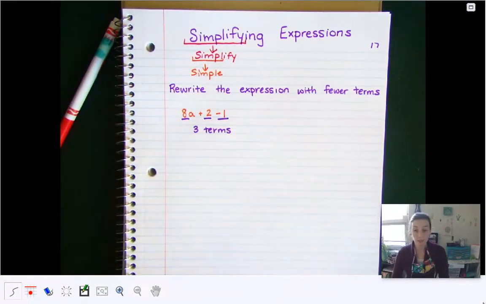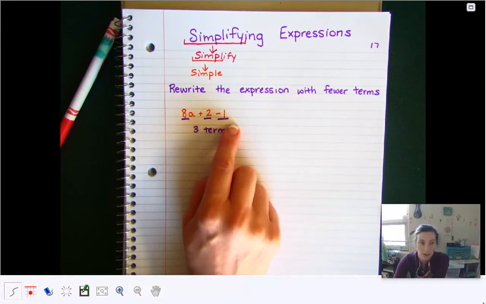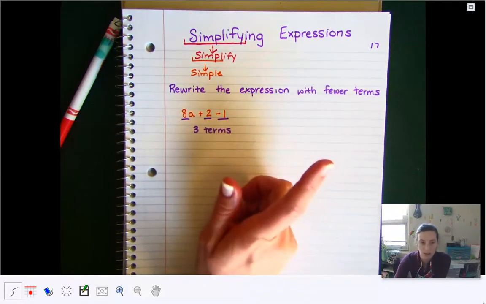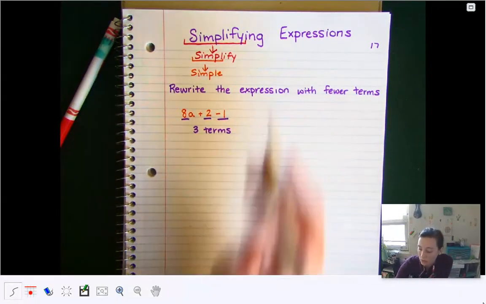Simplifying, we don't need to know what the variable's worth. Is there anything we can do before we even know the variable where we can make it simpler? So in this case, 8a plus 2 minus 1, I could rewrite that. I could say, well, I can do 2 minus 1 right now. It doesn't matter what the variable is. 2 minus 1 is always going to be 2 minus 1.